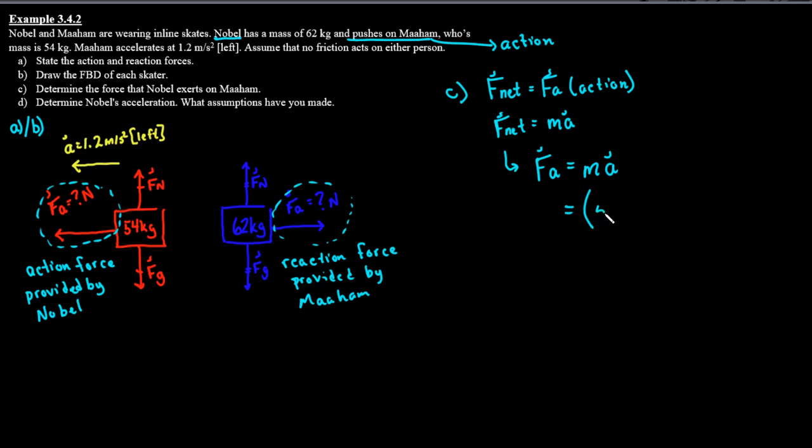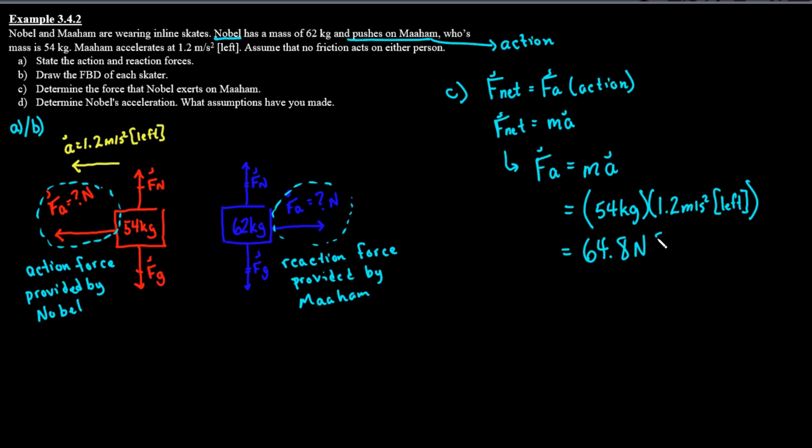Okay, so Mayhem's mass was 54 kilograms, and the acceleration that he experiences is 1.2 meters per second squared left. Okay, and if you recall, we get a magnitude of 64.8 newtons.